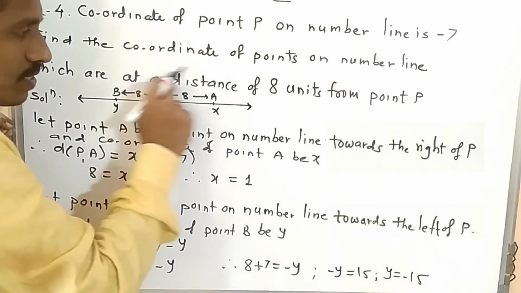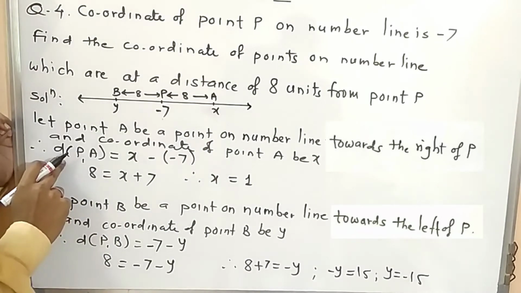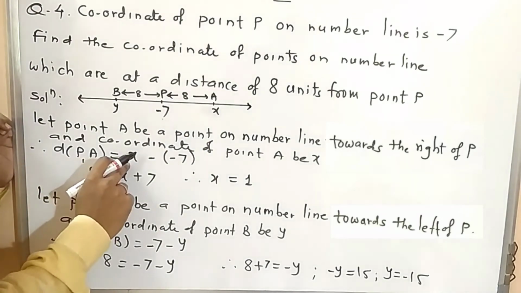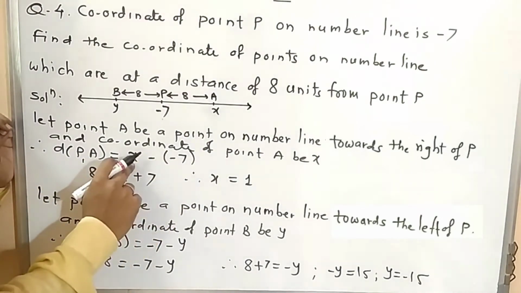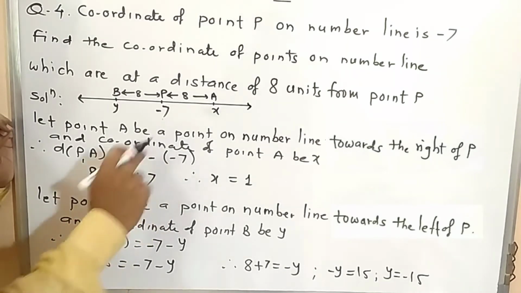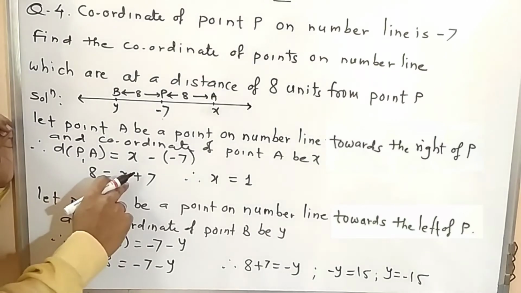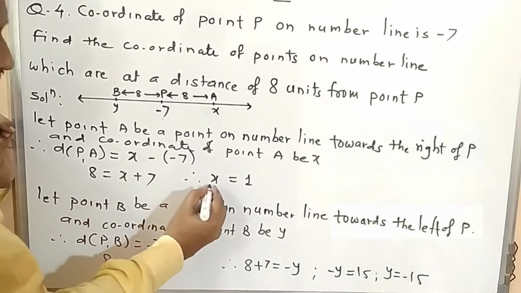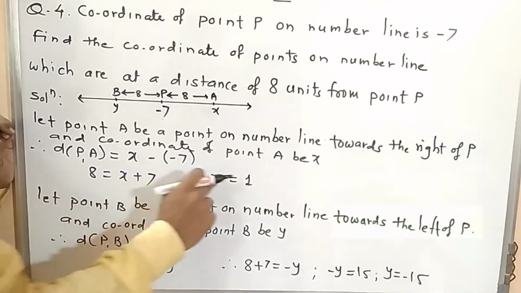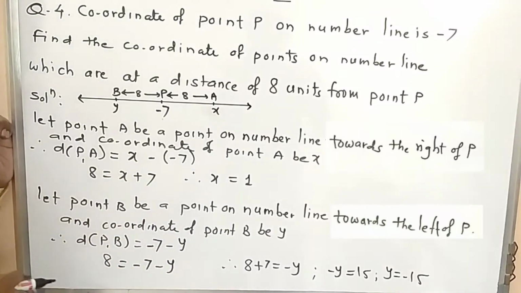I have to find out distance AP. What is the formula? Distance AP is equal to greater coordinate minus smaller coordinate, x minus (-7). Distance PA is how much? 8 is equal to x plus 7. Therefore, x is equal to 8 minus 7, that is 1.